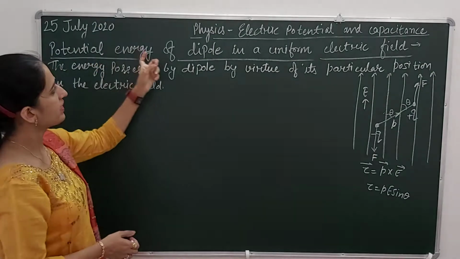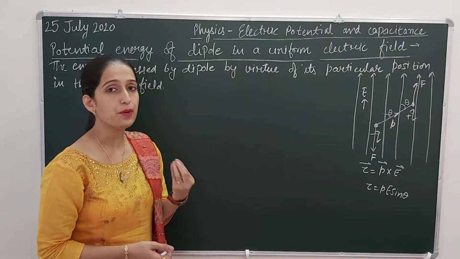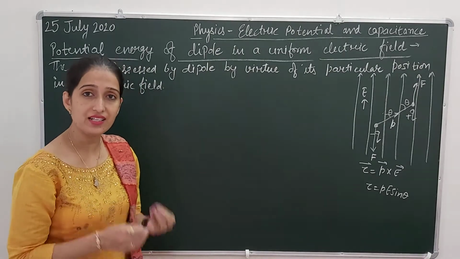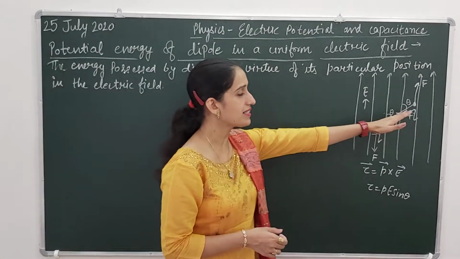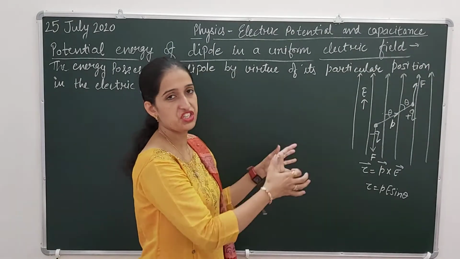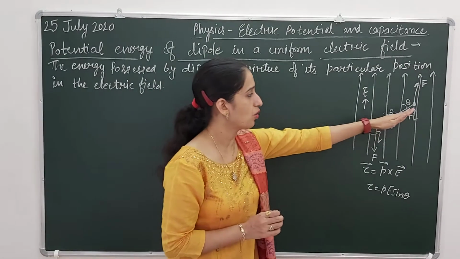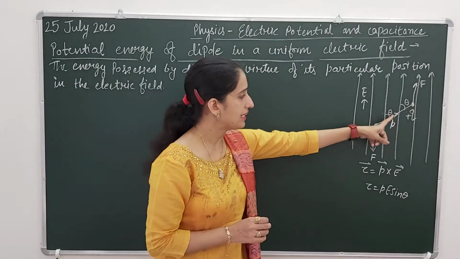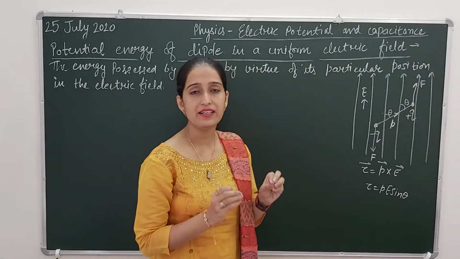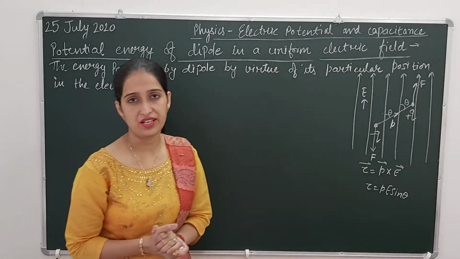So we are discussing the potential energy of a dipole in a uniform electric field. Potential energy is the energy possessed by this dipole by virtue of its particular position in the field. At which position it is located, at which angle it is, that energy due to its position is known as potential energy.